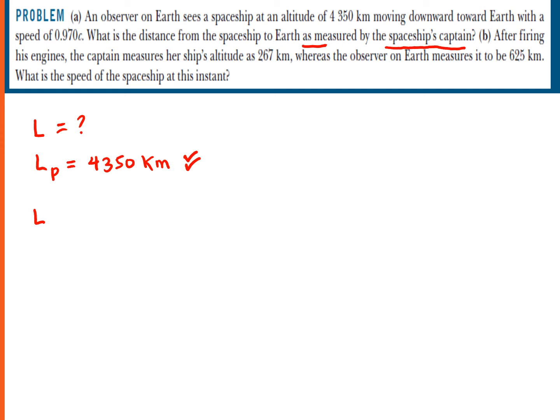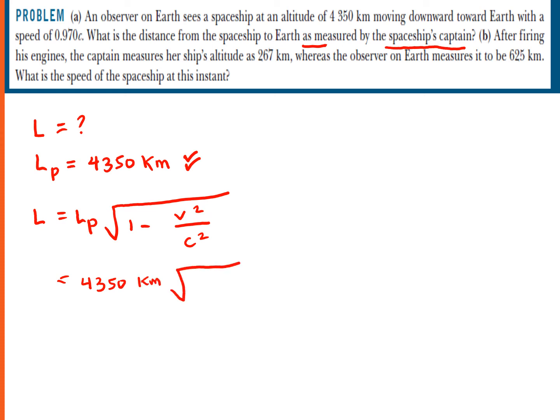So very simply, we could just substitute our givens into the equation. L is equal to LP multiplied by the square root of 1 minus v squared over c squared, and this is equal to 4350 kilometers multiplied by the square root of 1 minus 0.970 c squared divided by c squared.